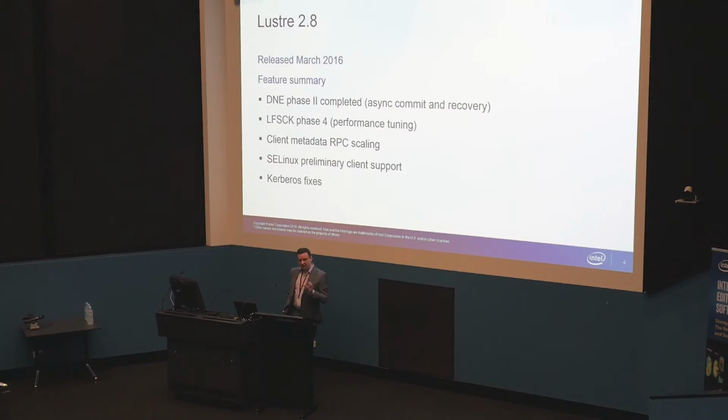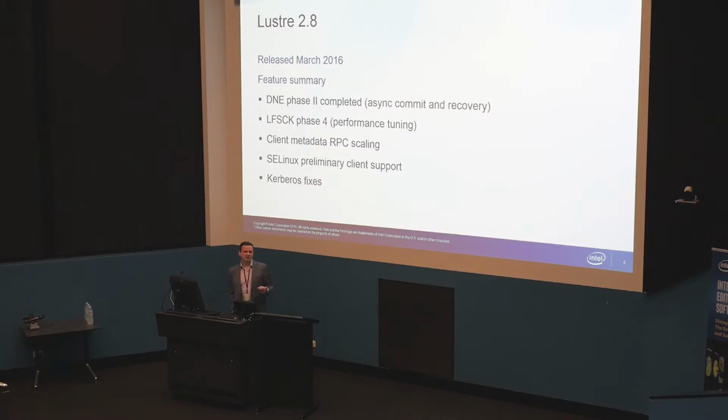We also put some work into RPC scaling on the metadata. This means that the creates and deletes per client scale now much more significantly than we used to in the past. And then there's a lot of things happening around security. So fixing and patching up the Kerberos support in Lustre so that it's now functional.